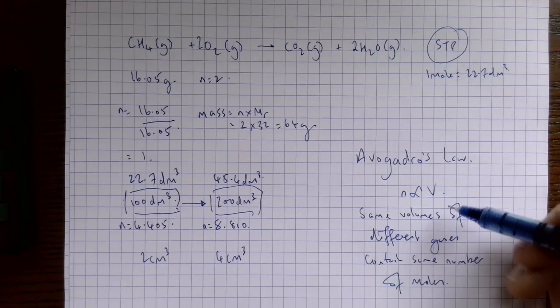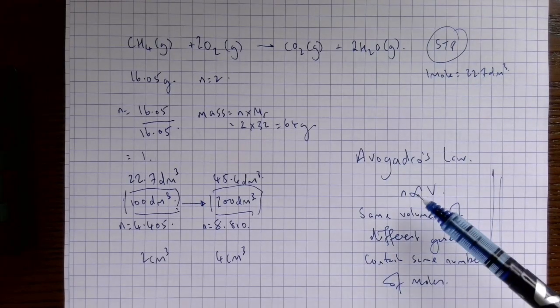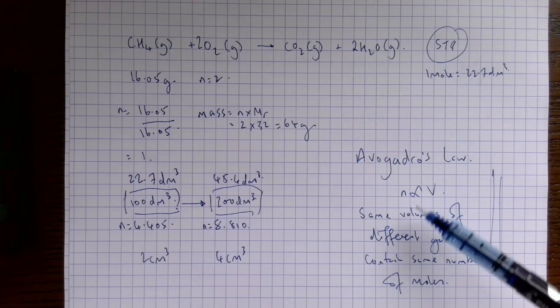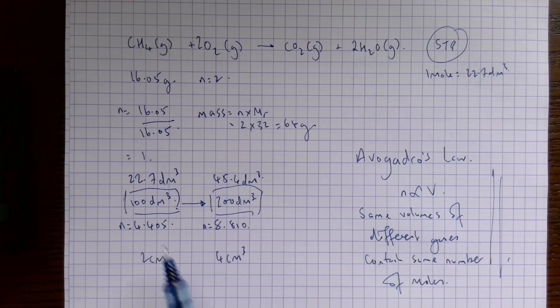And what this means is that because n is proportional to V, I can use V as a sort of proxy for n. I don't need to do the conversion because they're all relative. So if you ever see a question and it tells you the conditions don't change and you're given a volume, you just go ahead and treat the volume as a number of moles.